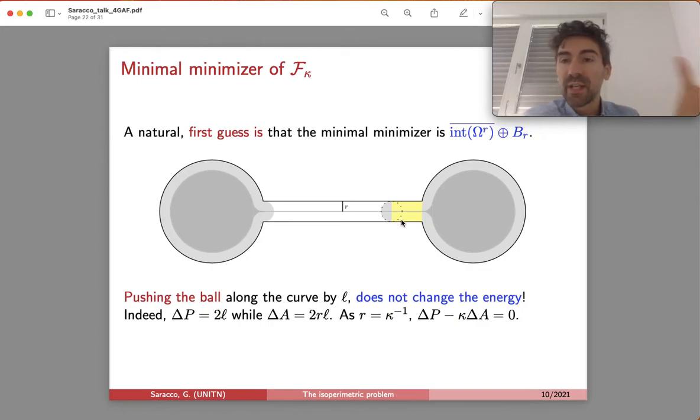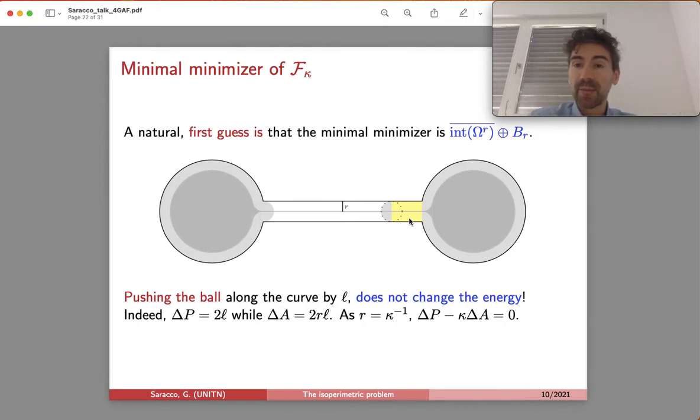But how does the energy change? The perimeter term changes by twice the length of how much you push the ball inside the tube, okay? What about the volume term? Well, the volume term changes as the volume of this rectangle, so you have the length, how much you push the ball forward, so L, times the width of the tube.